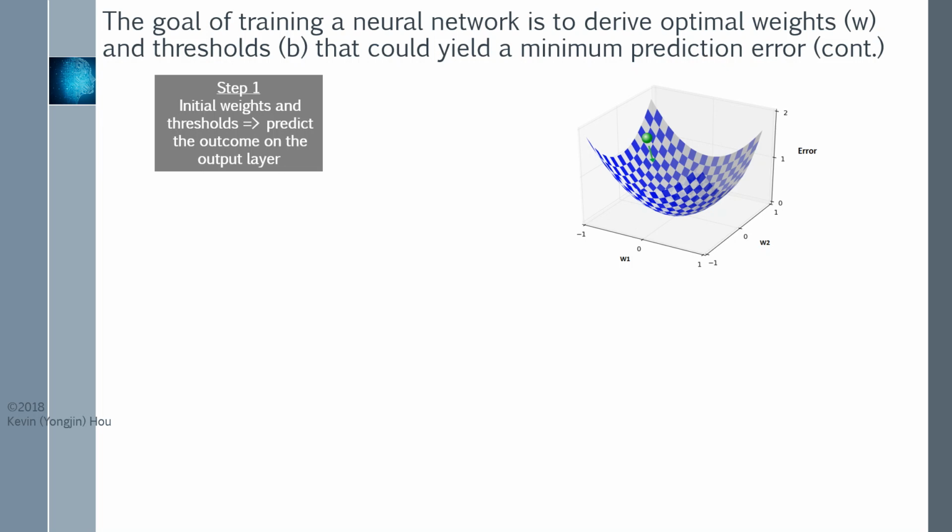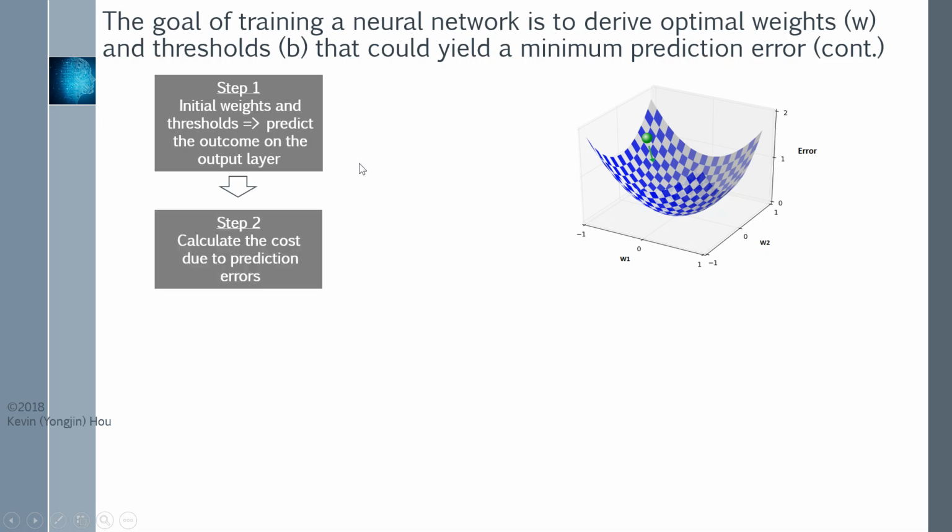We just assume random weights and random thresholds. We don't really care whether we get that right or wrong. Then with that, we apply the feed-forward algorithm, the approach we have discussed, and I have shown you a couple of examples. We make the prediction with whatever weights and thresholds we initially came up with.